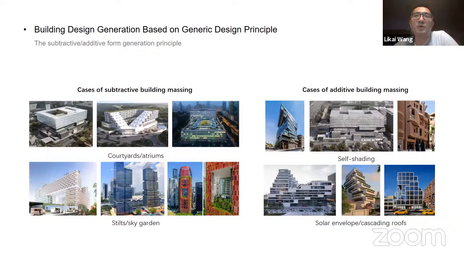Because these two principles have no direct relationship to any design strategy like the courtyard or the atrium, they can generate whatever types of building based on the performance objective, and then the designer can understand the architectural implication in the generated design based on these two principles.